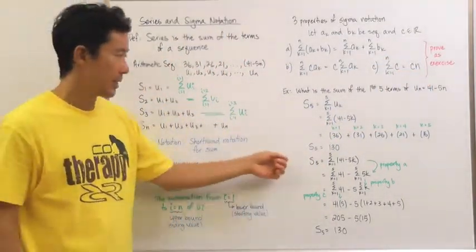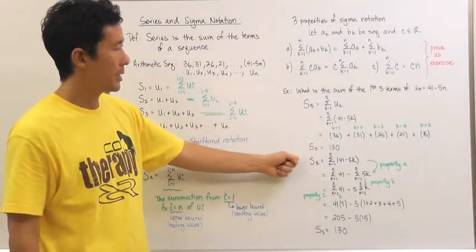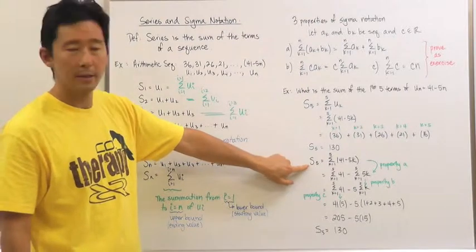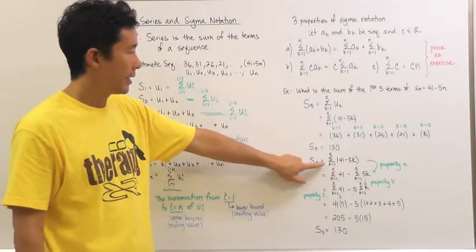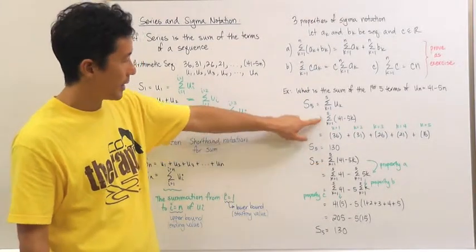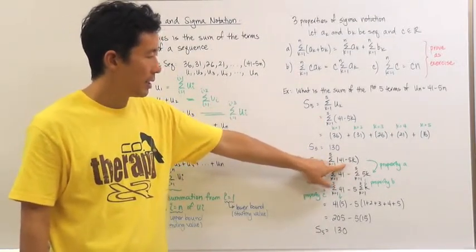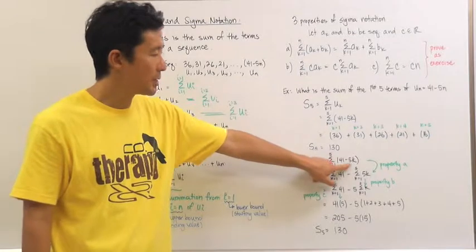Now, let's take a look at how I can apply those properties to this same exact example. If I take a look at S of 5, I have this exact same expression that I had here. Notice this is the sum or difference of two sequences.